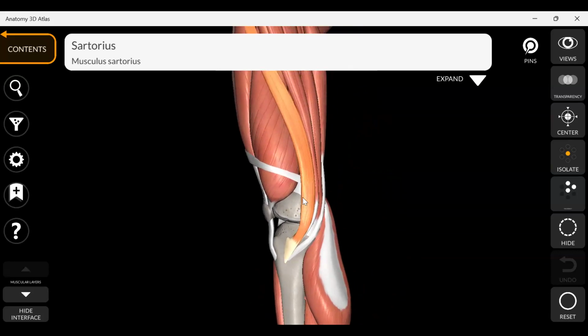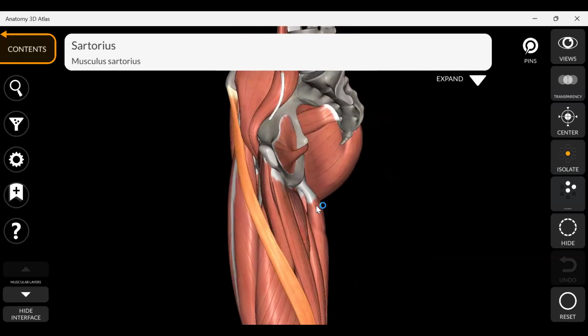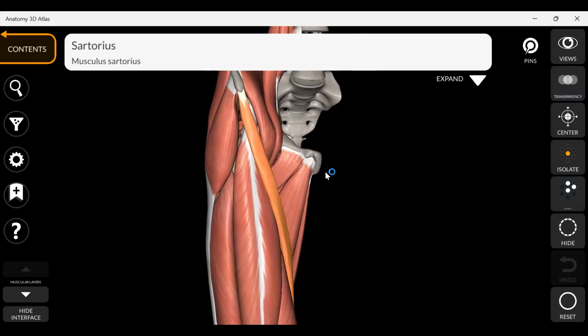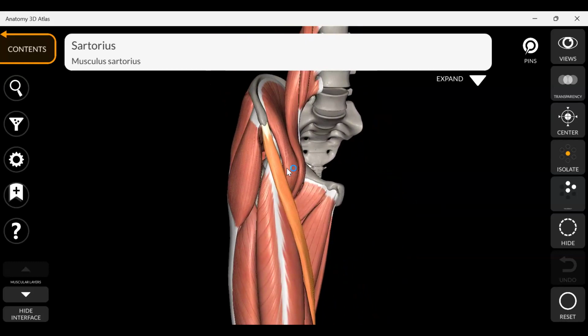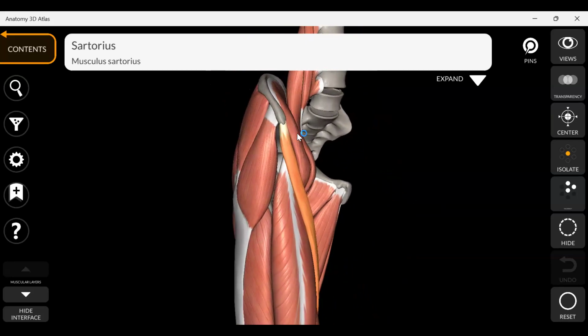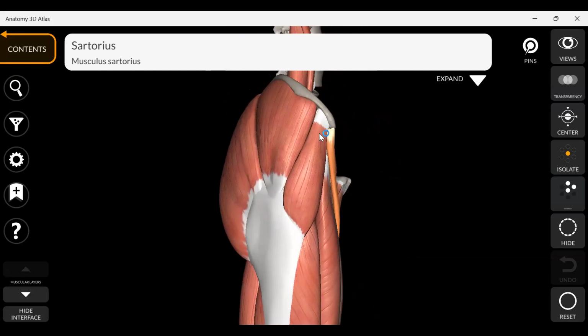So we will be able to see the sartorius at this point, and it is taking origin from the anterior superior iliac spine. The lower attachment we'll discuss at the knee, but the upper attachment here we will be able to see. As we go towards the lateral side from the sartorius, we have another big muscle, that is the tensor fascia latae.